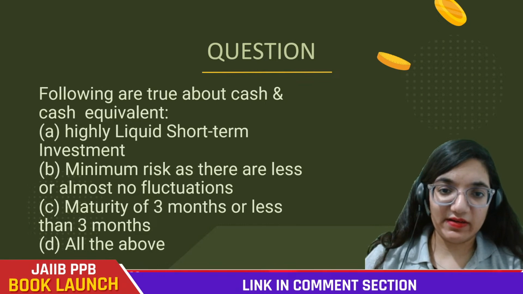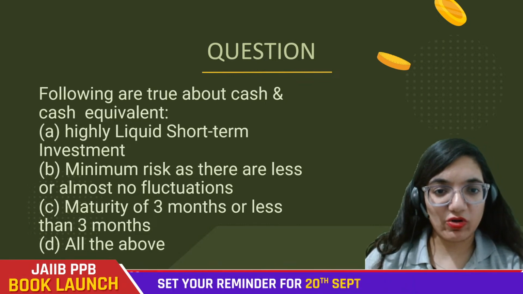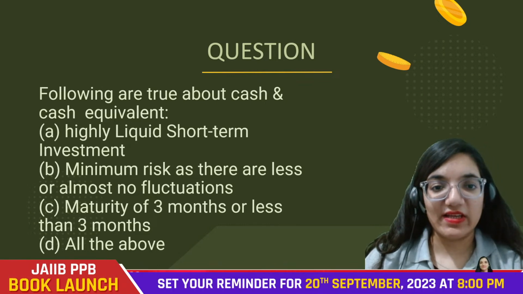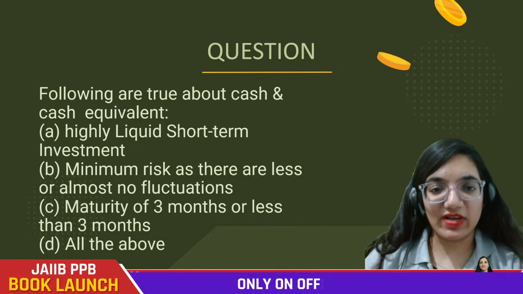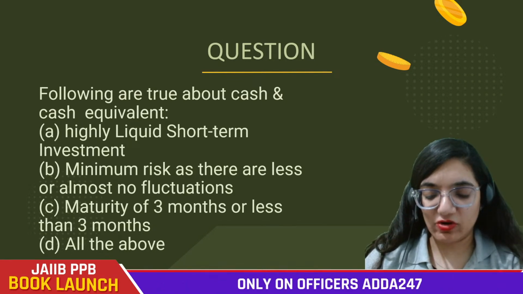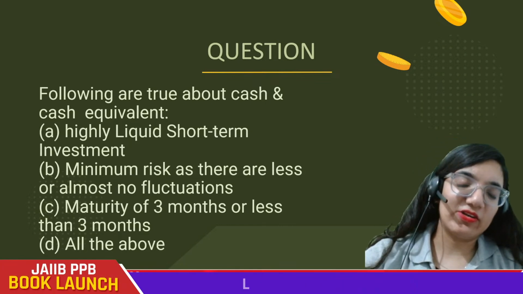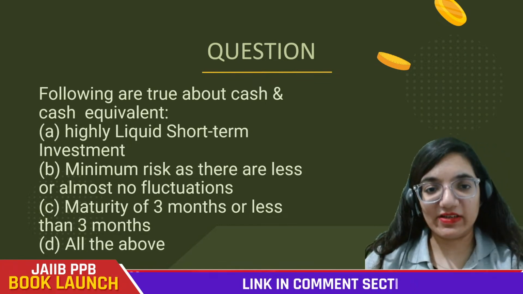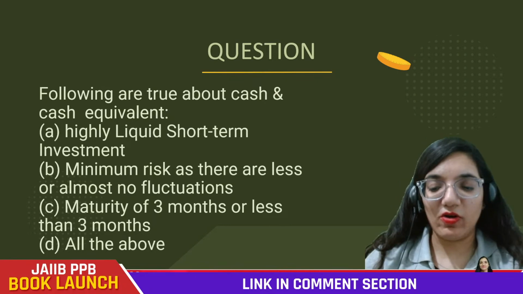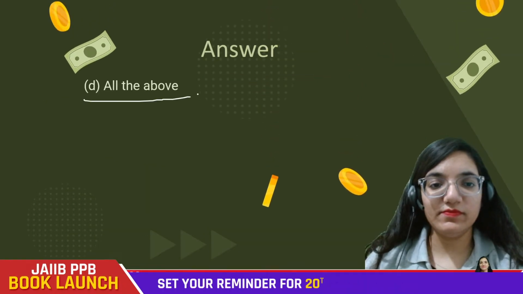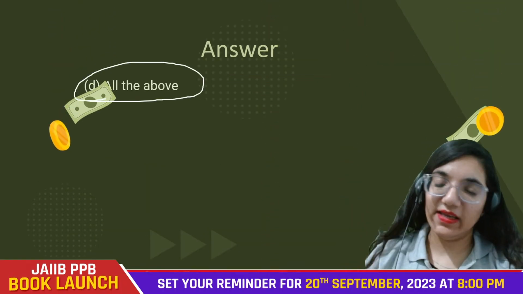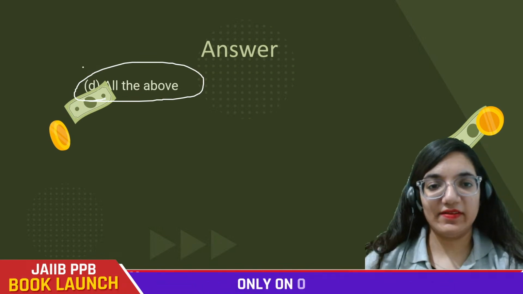Minimum risk, as there are less or almost no fluctuations. Then maturity within 3 months or less, or all of the above. If I talk about cash and cash equivalents, it includes cash balance, it includes bank balance, and it includes these as well. So it will be all of the above. Okay? It includes all of the above.